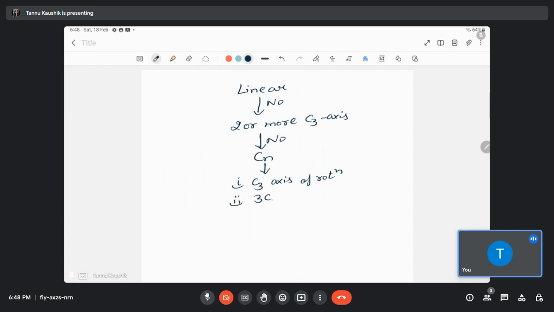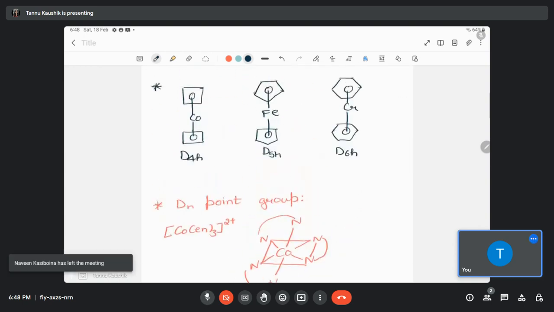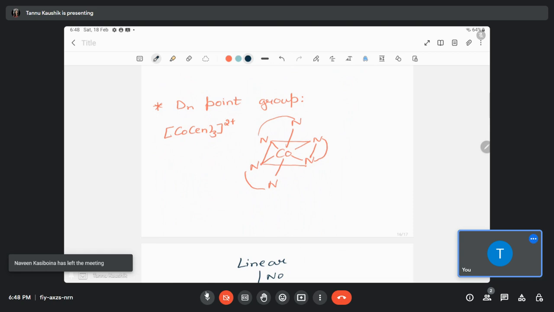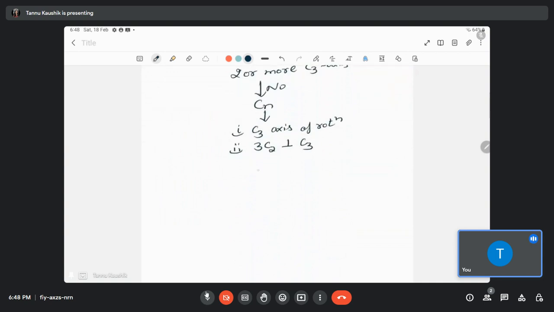Second, do we have three C2 axes of rotation perpendicular to this threefold axis? Yes, we have. It will be represented like this. We have three C2 axes perpendicular to the principal axis of rotation.